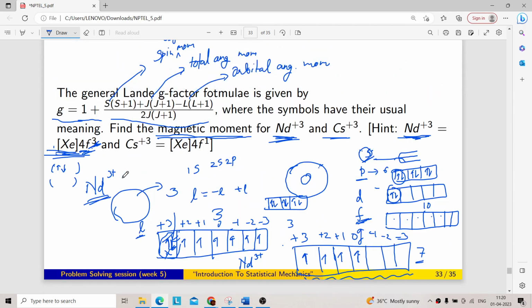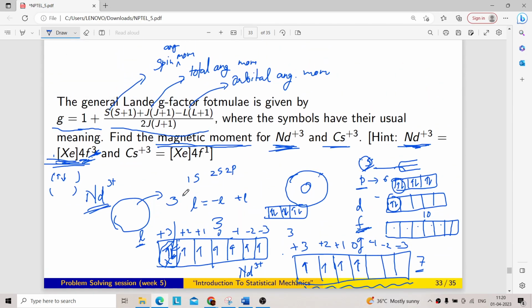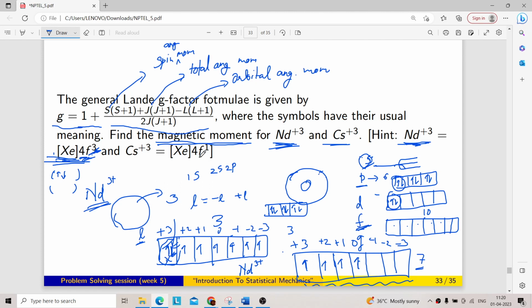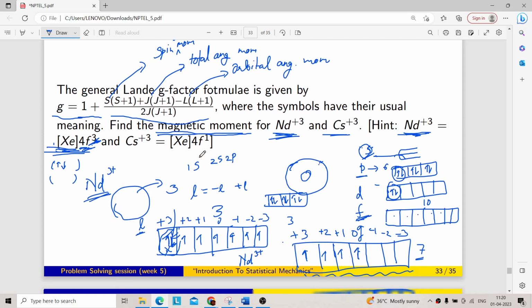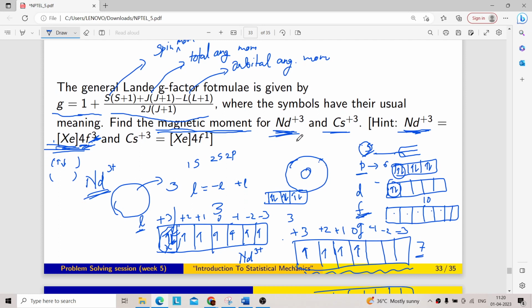You understood this, right? We need to find the magnetic moment for this ionized atom. For that, we need to find the Landé's factor first. Then we have the total angular momentum. We will put that and we will get the answer. And we were given the hint about the arrangement of the unpaired electrons.